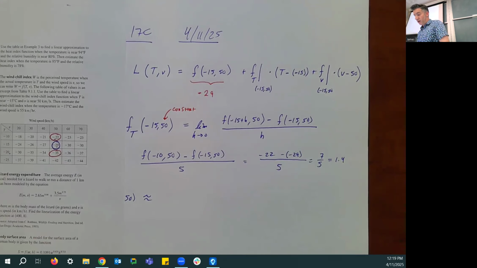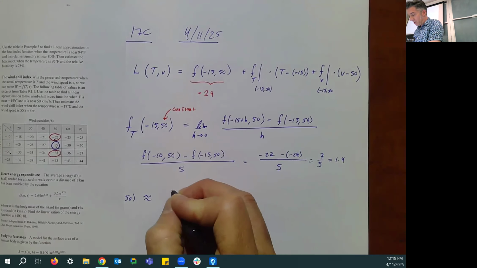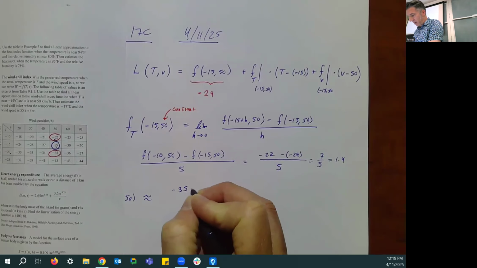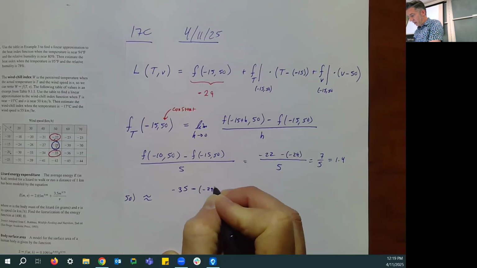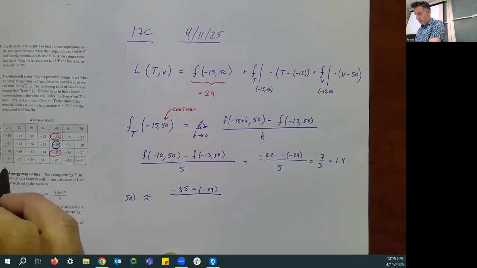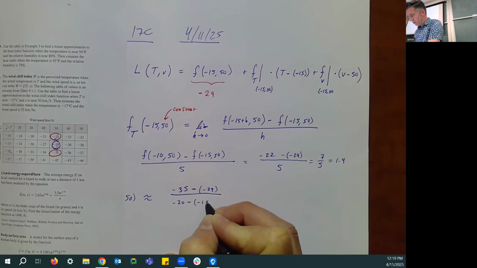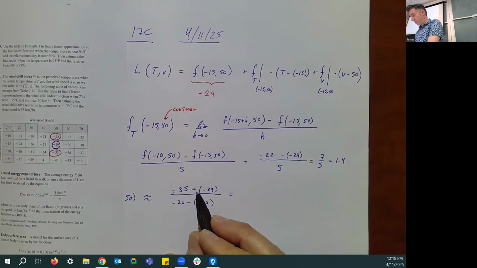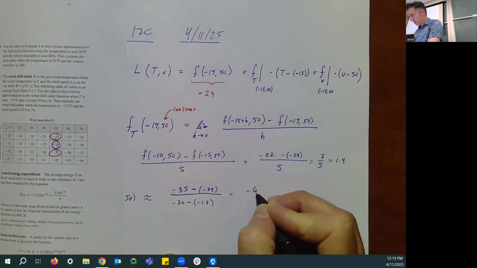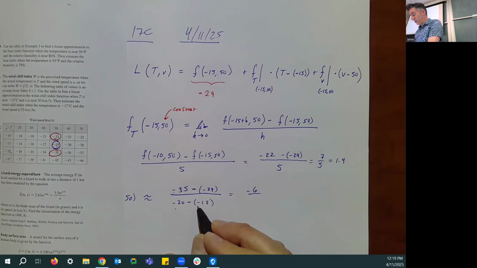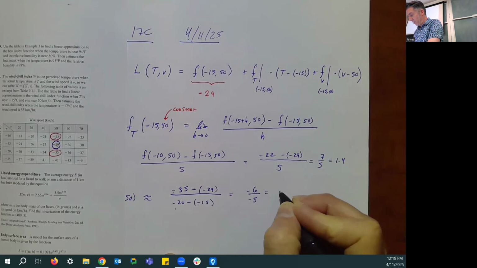So -35 minus -29 divided by the difference in the inputs, which is -20 minus -15. Or -35 plus 29 is -6, divided by -20 plus 15, which is -5, and that's 1.2.